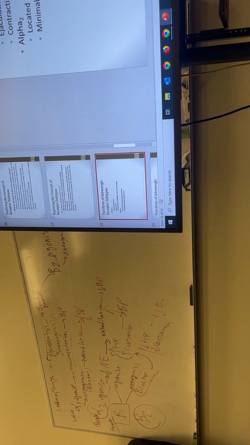I mean, it's a little messy board. But draw this when you go home. What you need to do is draw these receptors. You want to make sure you understand alpha 1, alpha 2, beta 1, and beta 2, right? What agonist does, what antagonist does. Beta 2 is not involved in blood pressure at all, right? But when we use the antihypertensive, beta 2 becomes a side effect of it.